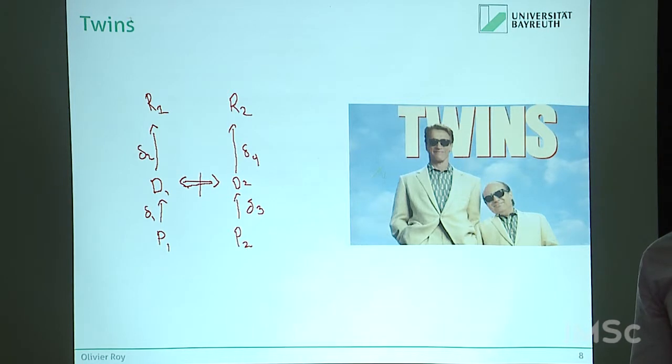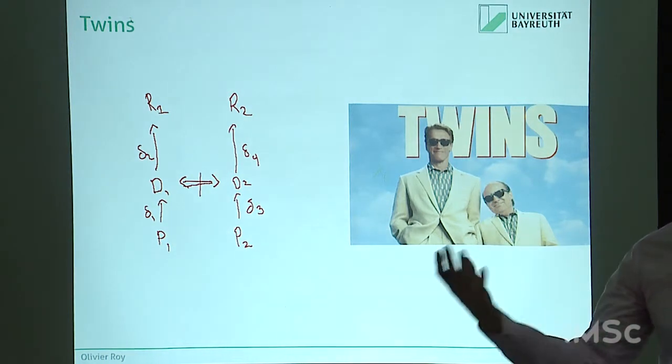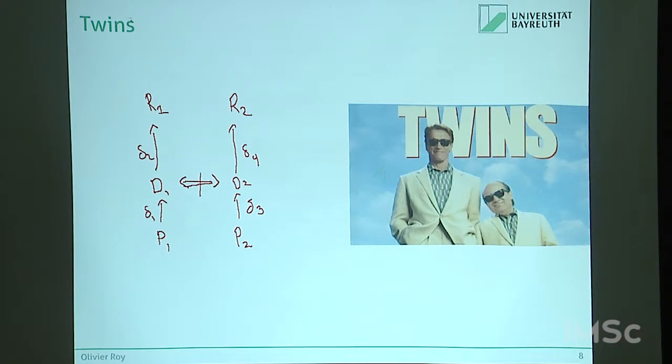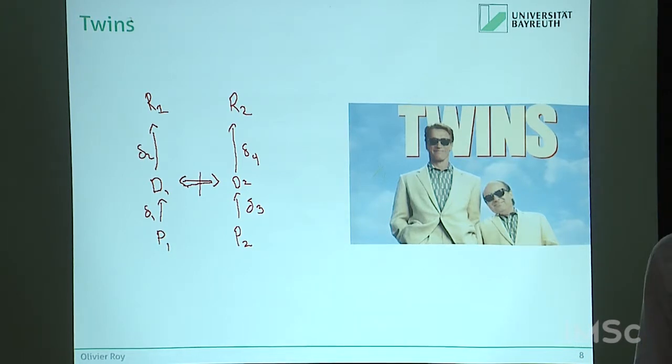It's perfectly fine to have a default that says if A, B, but if A and C, then not B. It's perfectly fine to have that in your theory, so this is not material implication. And as we'll see, defaults do not contrapose either. If I have a default that says infer B in case of A, and I have A, I can conclude B, but if I have not B, I cannot infer not A.